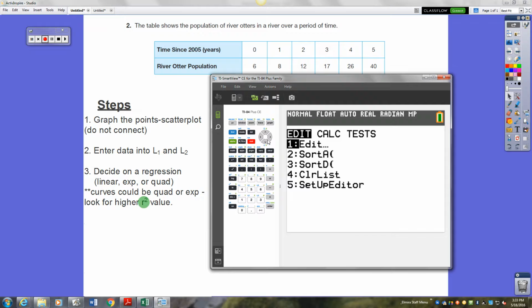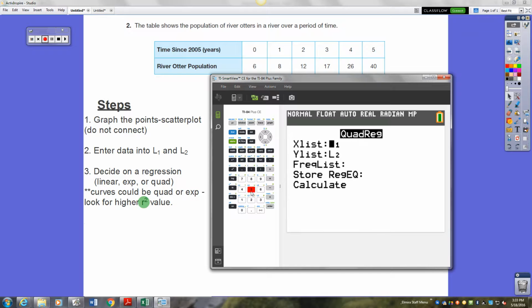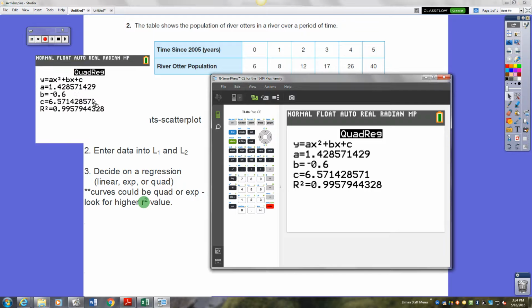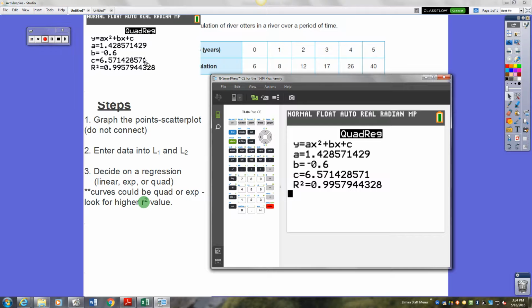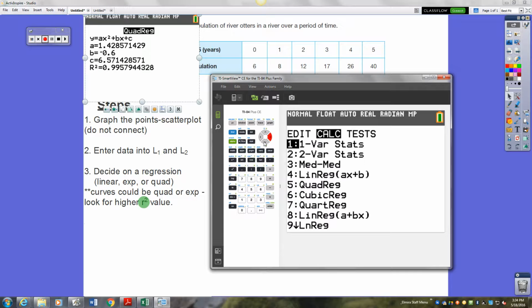If we do stat, calc, let's look at the quadratic regression. Usually we look at r, but unfortunately, this only gives us an r squared. I'm not sure why that is, but it only gives us an r squared. I'm going to pull that out and put that up there for a second. Now let's do the exponential regression.